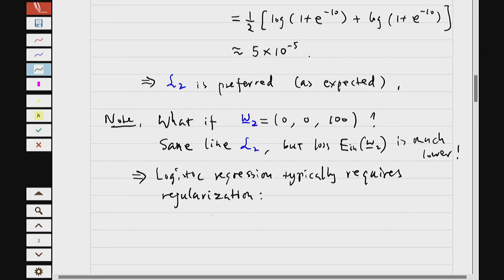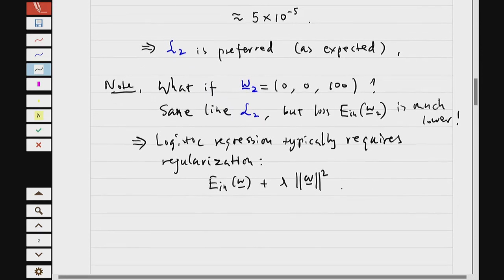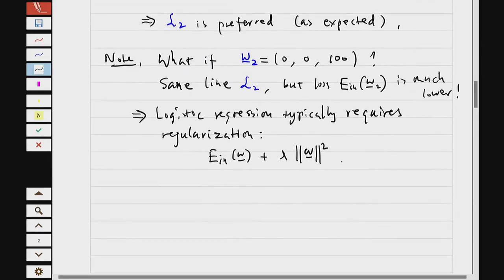As we have seen before, we just regularize on the size of W. This way you can minimize this whole thing together without any constraints. The other approach is to fix the norm of W to be 1, but then when you optimize, you have a constrained optimization, which is usually harder to do.